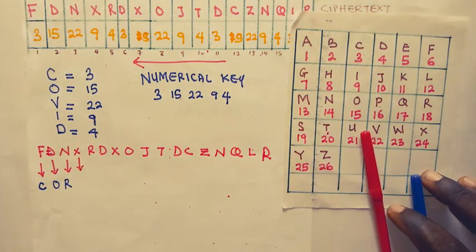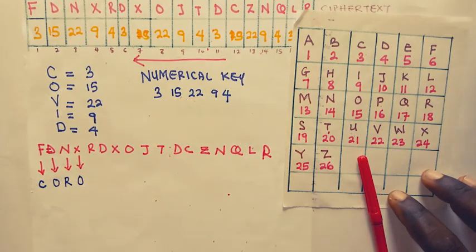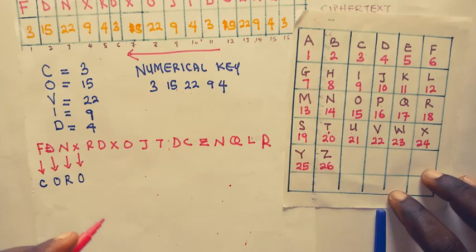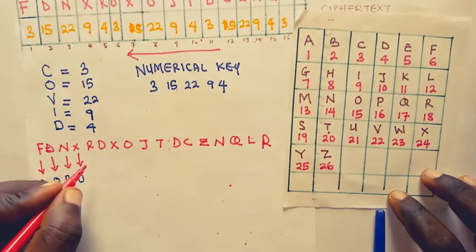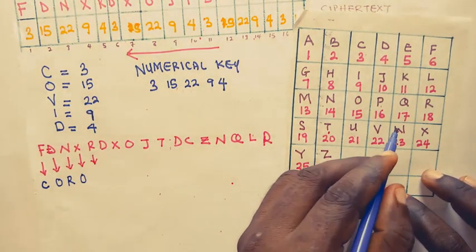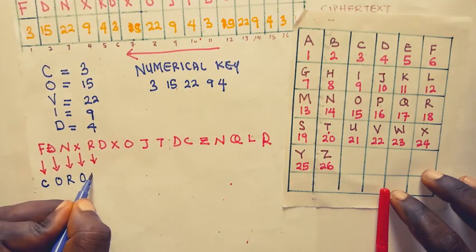So X becomes O. Your guess is as good as mine. We're getting somewhere. Letter R means I have to shift R backwards 4 times. R, 1, 2, 3, 4, and it becomes N.